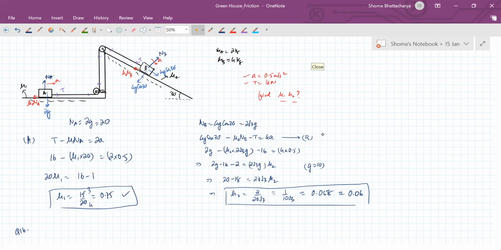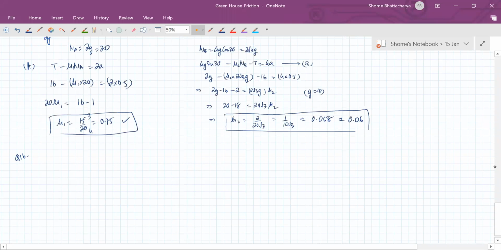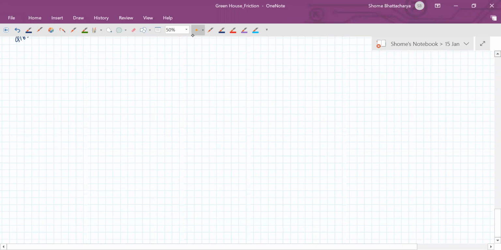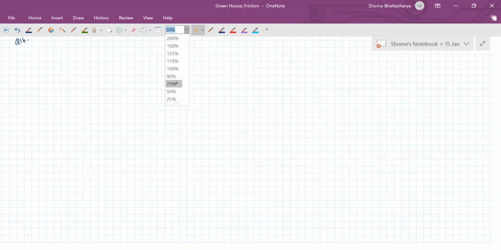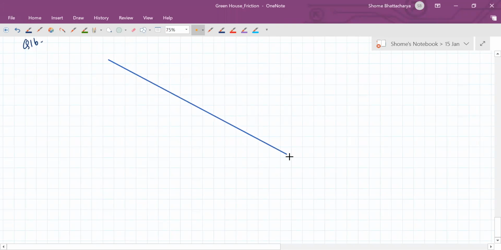Okay, we'll do some questions then. Anyway, so let's come to the 16th question, please. So in 16th question, what is happening is when you apply hard brakes or jam on the brakes while going down a slope, the tires will start skidding. That means the type of friction acting on the tires will be kinetic friction.